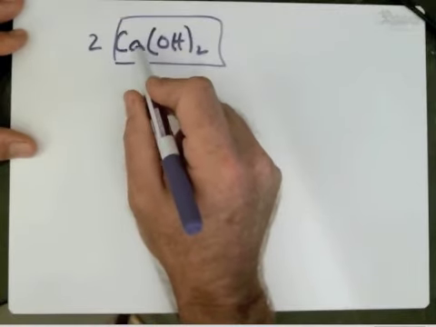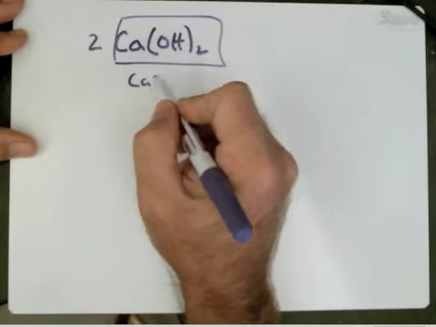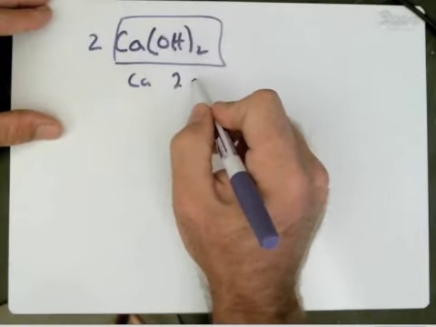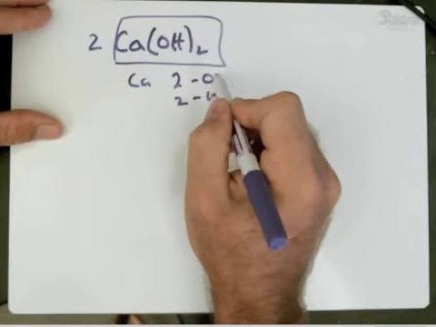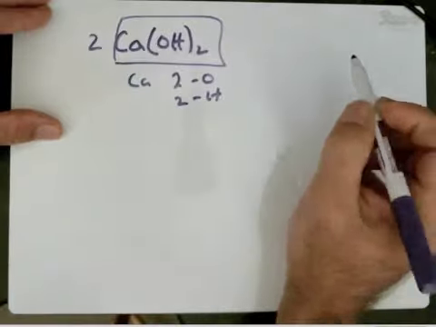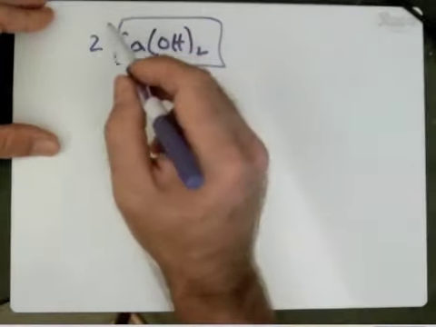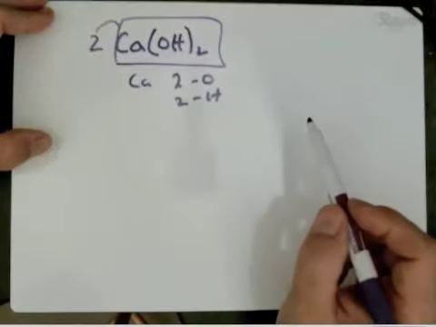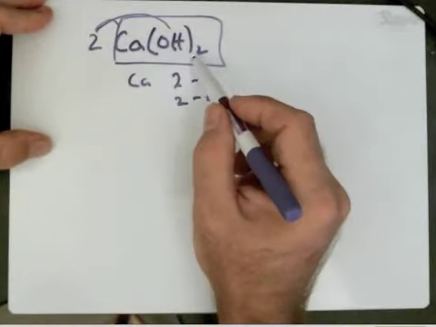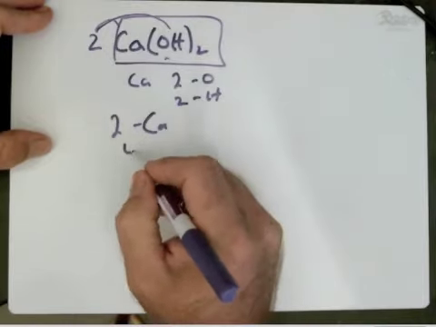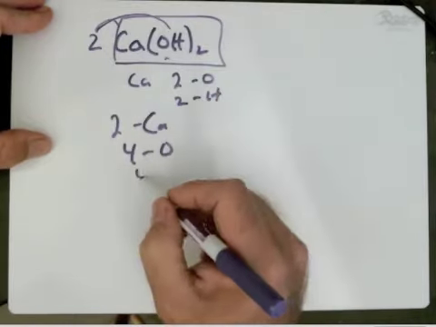So if you count the number of calciums, there's 1 inside the box, there's 2 oxygens and 2 hydrogens because of the parenthesis and the 2, and this entire thing happens twice. So it's almost like a distributive property where now there's 2 calciums, there's 2 times 2, 4 oxygens, and 4 hydrogens.